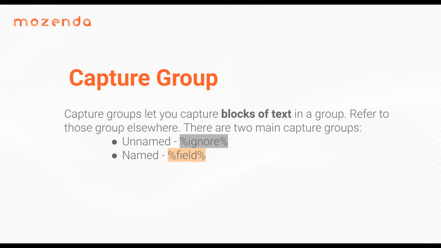Capture groups in Mozenda are typically unnamed or named. There's a special one called %ignore%, which says, hey, ignore all of this text before I get to the bookends of my field, then grab my field and move on. We mentioned this briefly last time in our training.